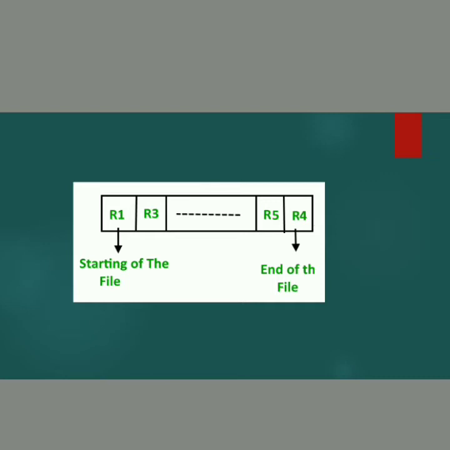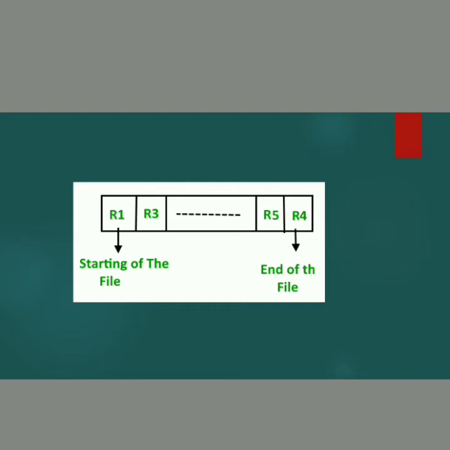So let's assume R1, R3, R4, R5, four records in the sequence. Here records are nothing but rows in a table. Suppose a new record R2 has to be inserted in the sequence. Then it is simply placed at the end of the file.